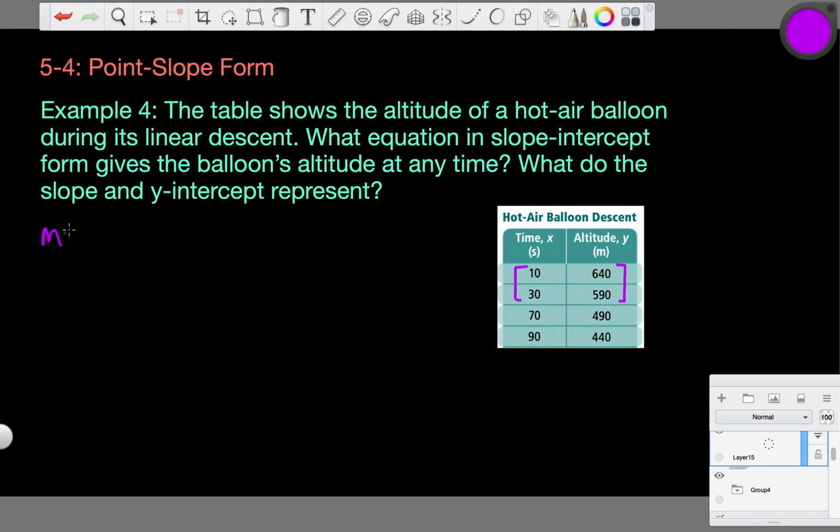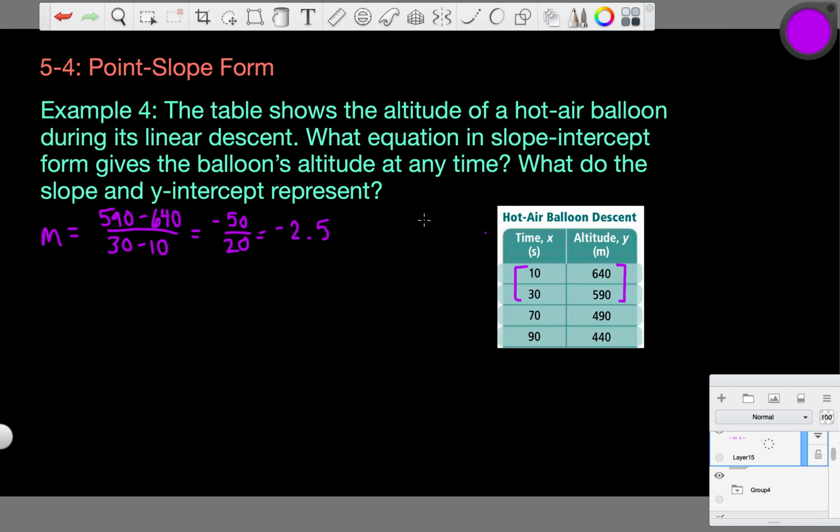So my slope is 590 minus 640 divided by 30 minus 10. And this gives me a negative 50 over 20, which simplifies to negative 2.5. Okay?